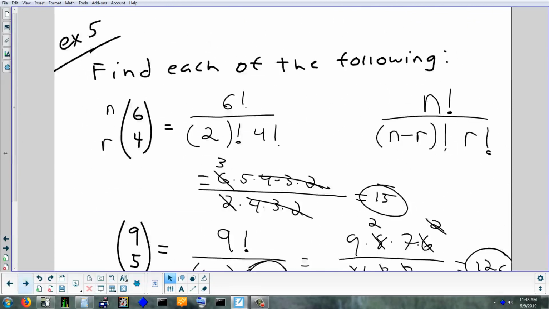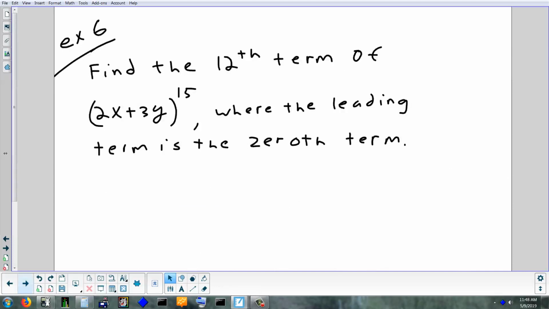We're expanding something to the 15th power. So how many terms am I going to get? 16. You don't have to do it this way, it just kind of helps me to keep track. Now, because Pascal's triangle starts with row 0, column 0, we have to do kind of the same thing here.